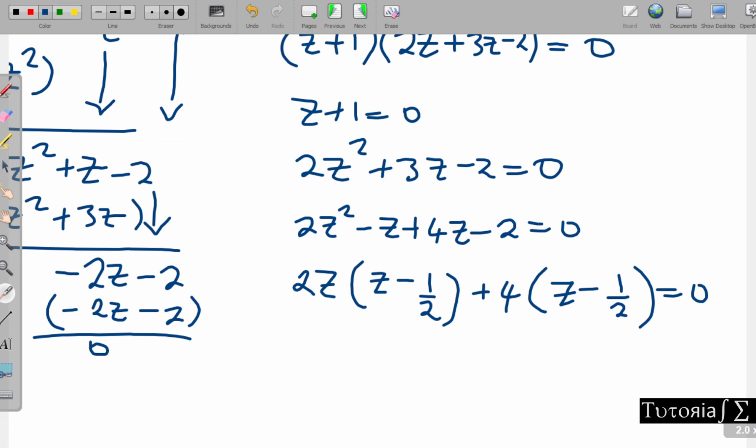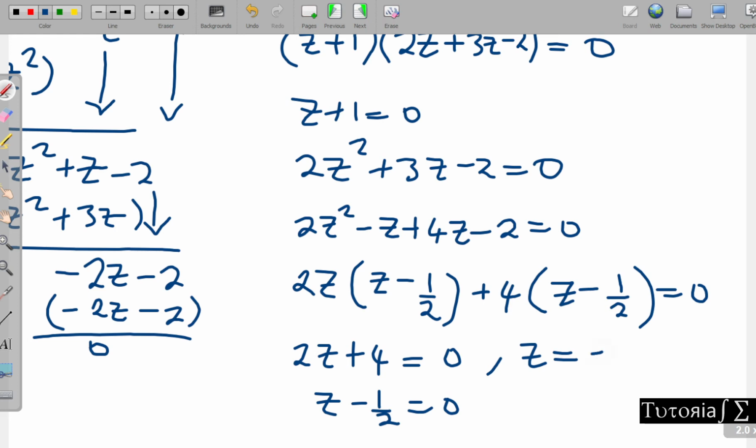So now we also factor out this and that, meaning that we're going to have 2z plus 4 equal to 0, and z minus half equal to 0. Here z will be equal to negative 2.